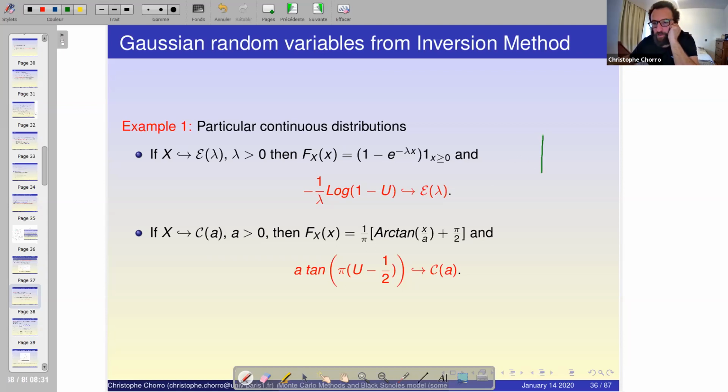It is 0 when x is negative, because the density of the exponential is strictly positive only on R plus, and then it takes this form, going up to 1, where you have 1 minus exponential of minus lambda x.